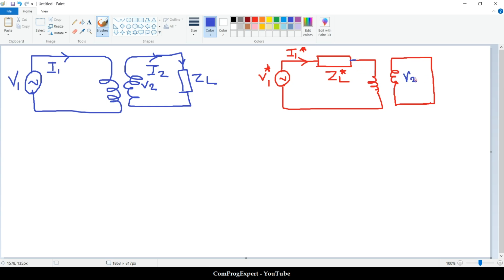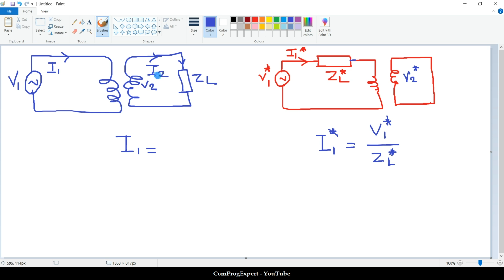The value of V2 star is equal to 0. The value right here is 0. The value of the current I1 star is equal to V1 star divided by ZL star.